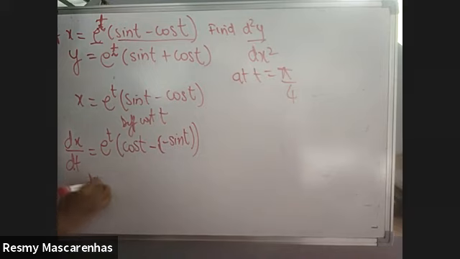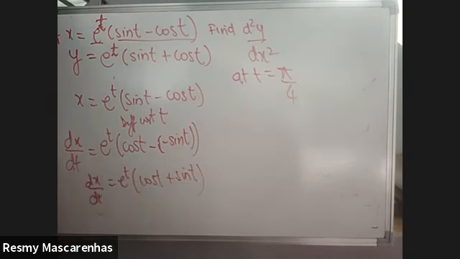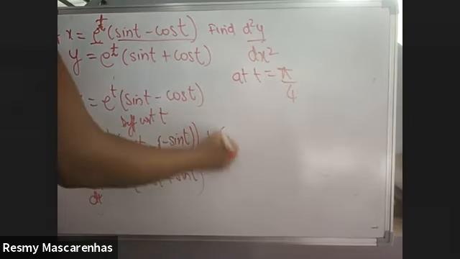So dx upon dt is e raised to t into cos t plus sin t, plus this v into derivative of u.